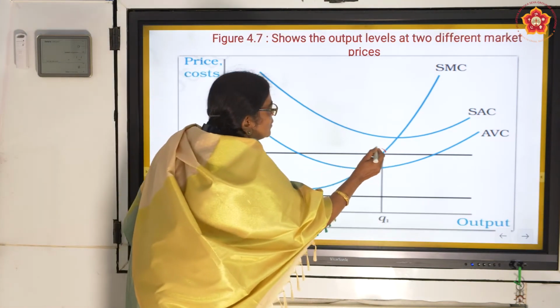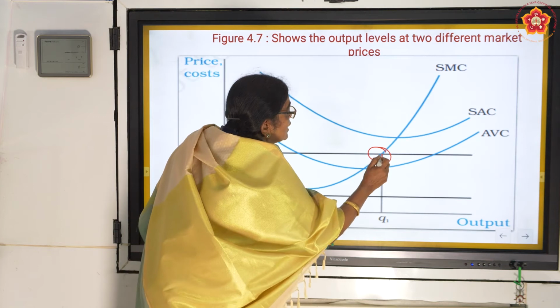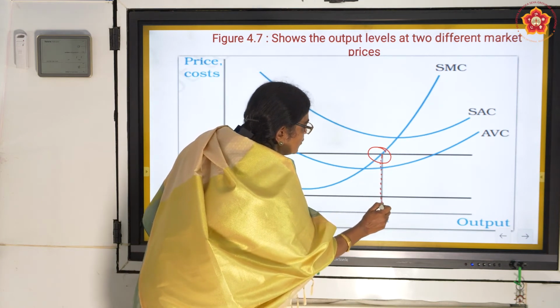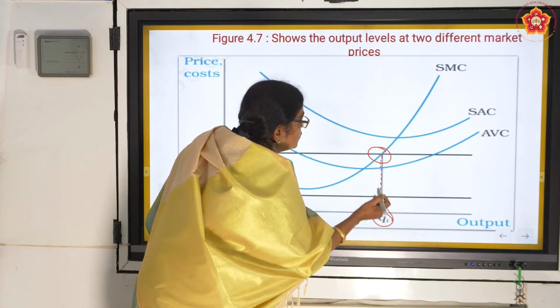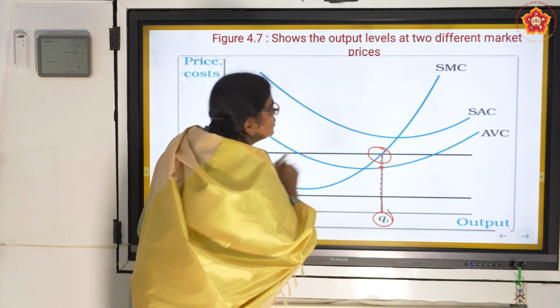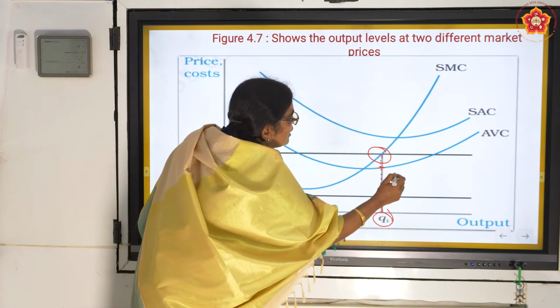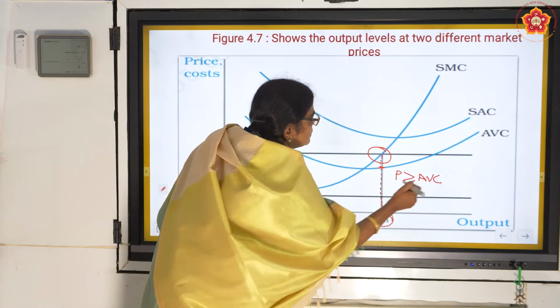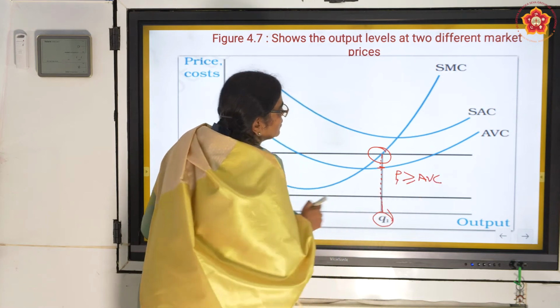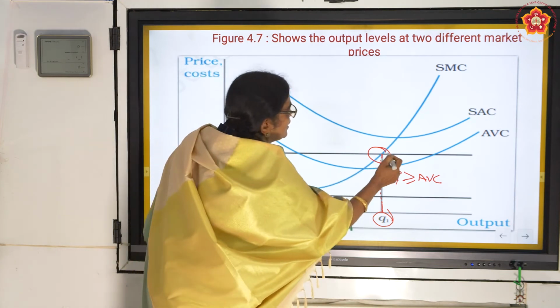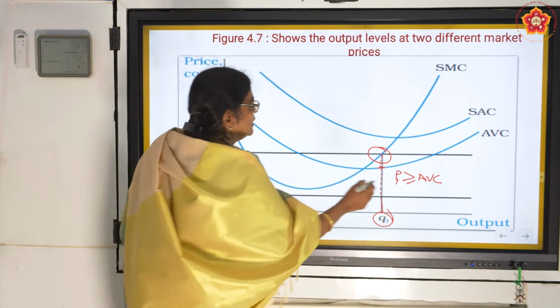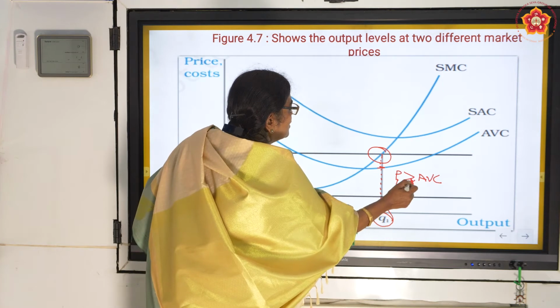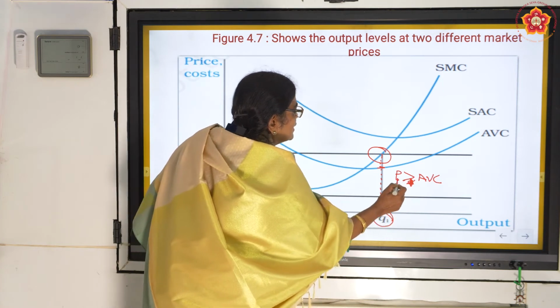If you take this intersection point down to this level of output, you can observe the third condition also. What is the third condition? Price greater than or equal to AVC, but here it is greater, and that condition is enough for us in this situation. P1, that is price P1, is greater than AVC, leaving aside equivalence.